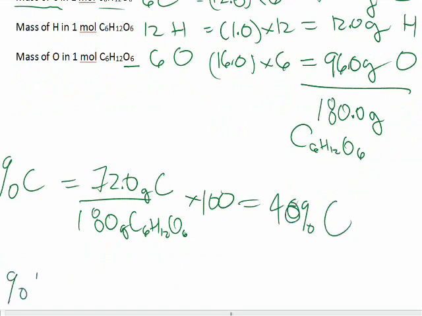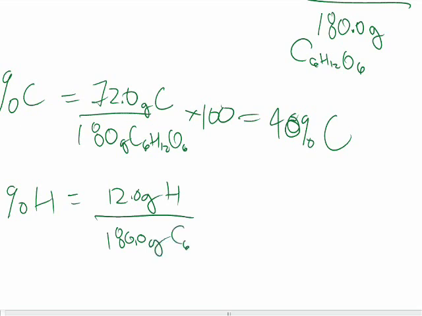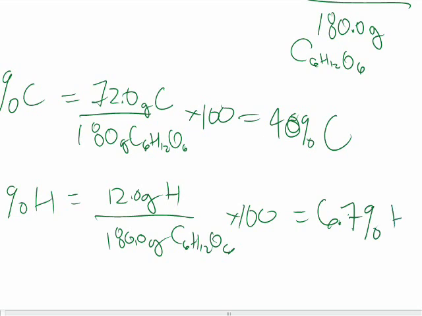Then if we have the percent of hydrogen, that equals 12 grams of hydrogen over 180 grams C6H12O6 times 100, that equals 6.7% of hydrogen.